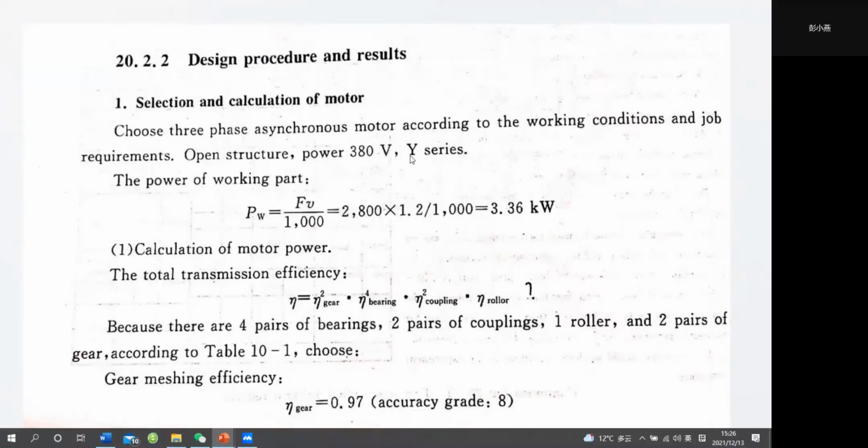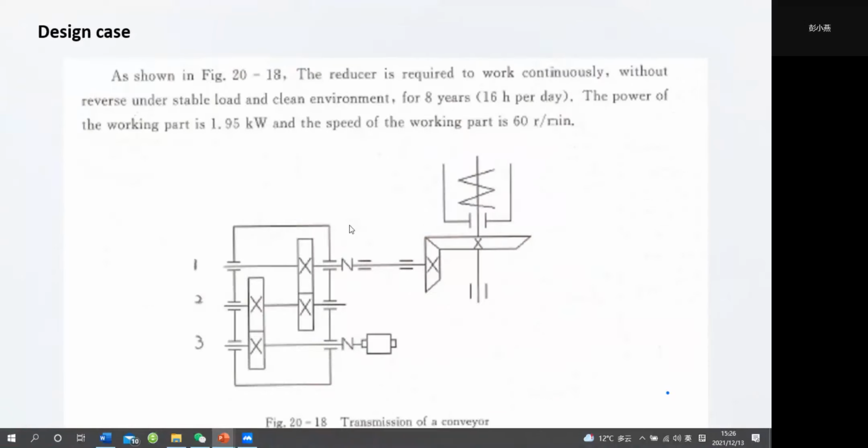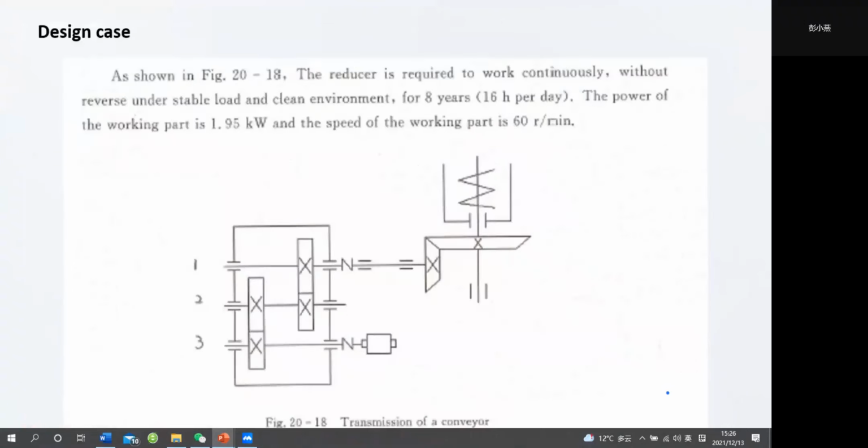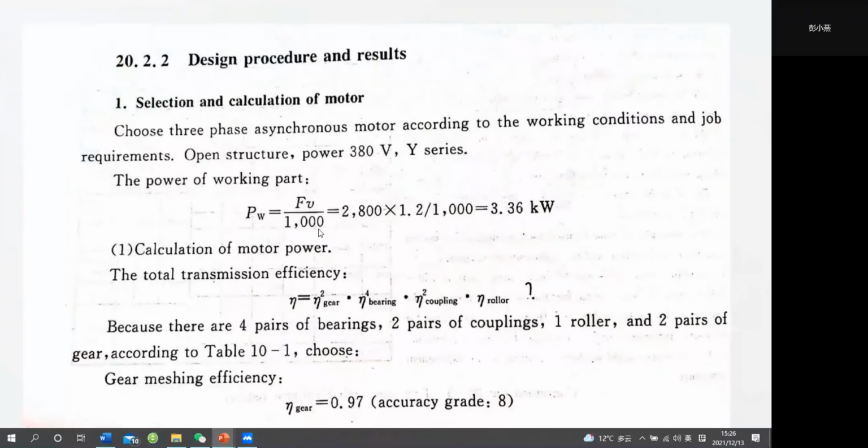Usually we choose Y series. The power of the working part. We know the power of working part.